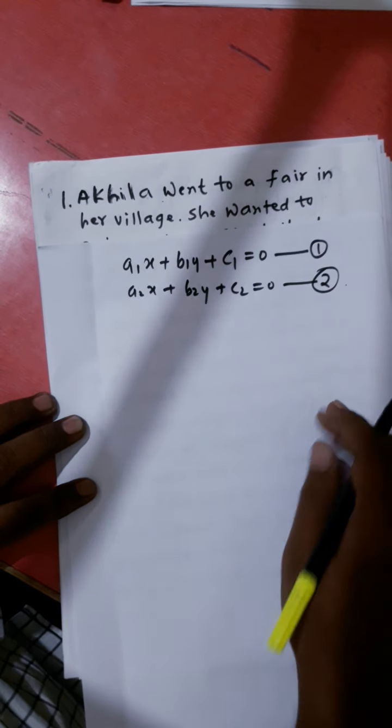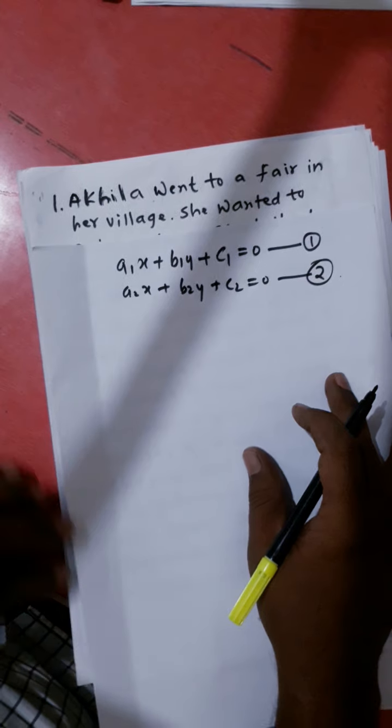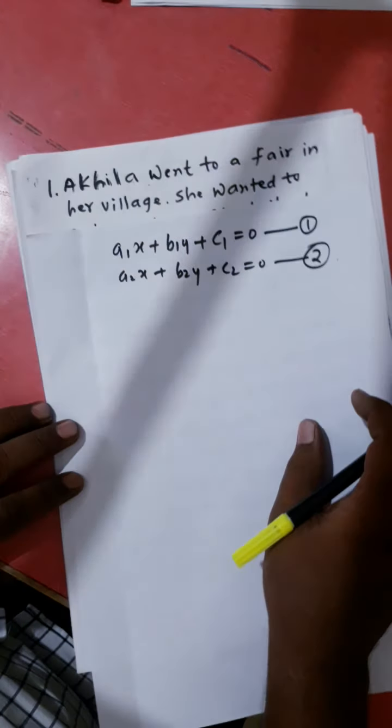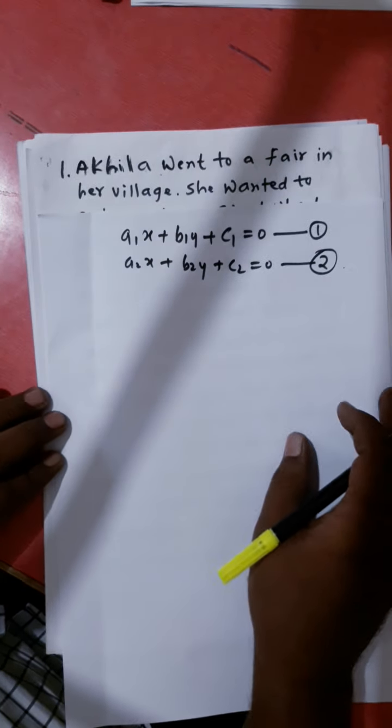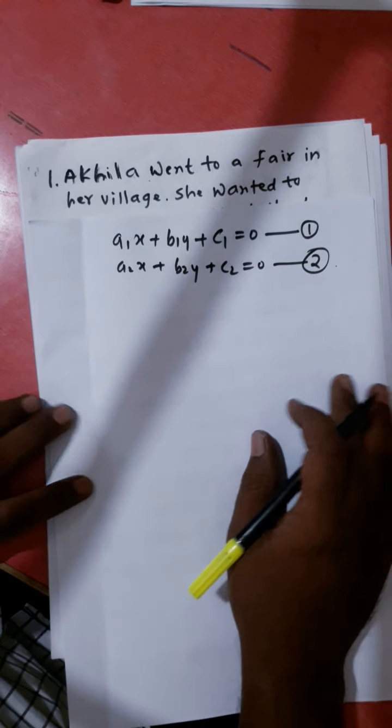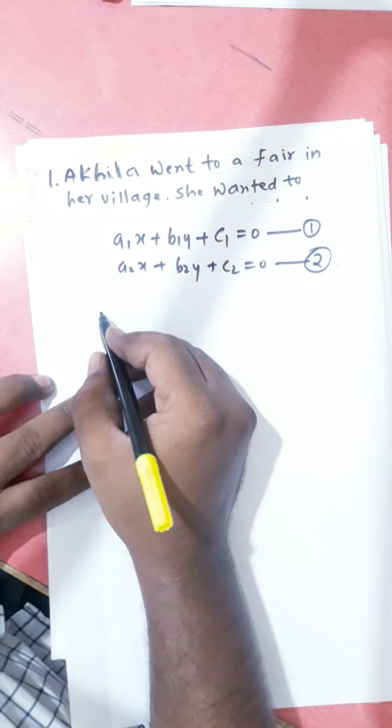This pair of simultaneous equations, when we represent them in terms of a graph, what are the three possibilities we learned?